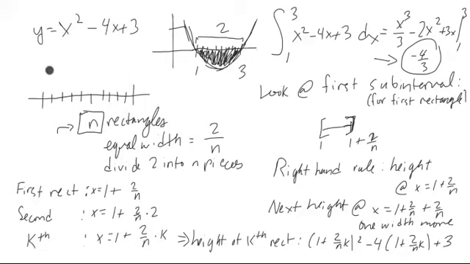So let's take a look at just the first rectangle, and it's going to be formed right here. Now, notice in the picture, the rectangle would be going downward, and we're going to use the right-hand rule. That means we're going to be picking the right end of each subinterval. In particular, let's look at the first subinterval here, just to get a feel for what's going on.